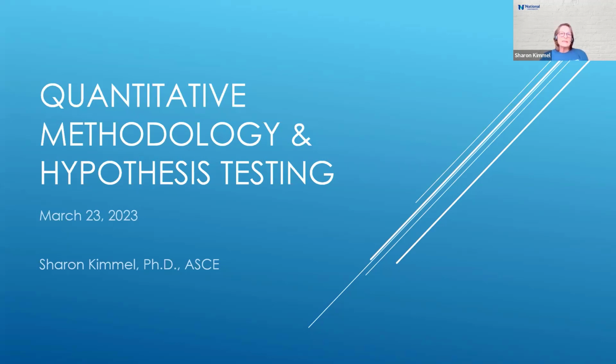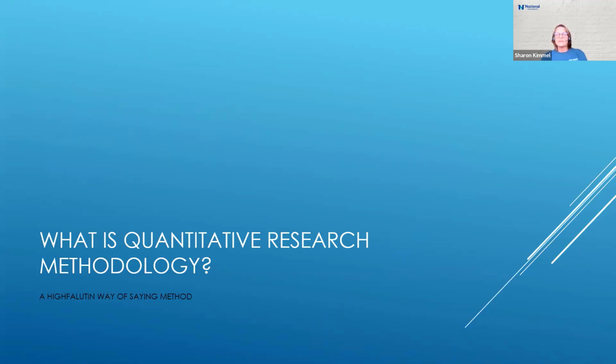So let's get started. Before we get into too much, I wanted to talk a little bit about the terms that I'm going to be using. The first term is: what is quantitative research methodology? It's just a highfalutin way of saying method.